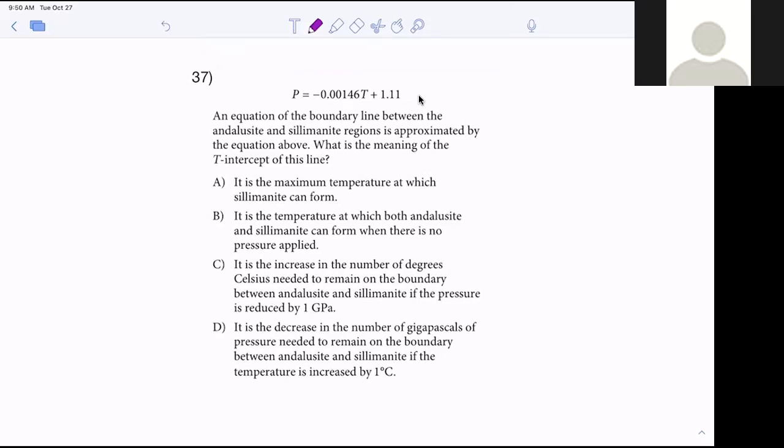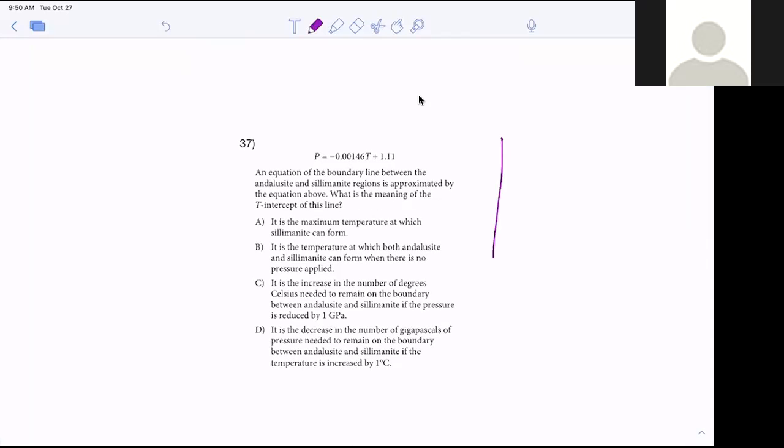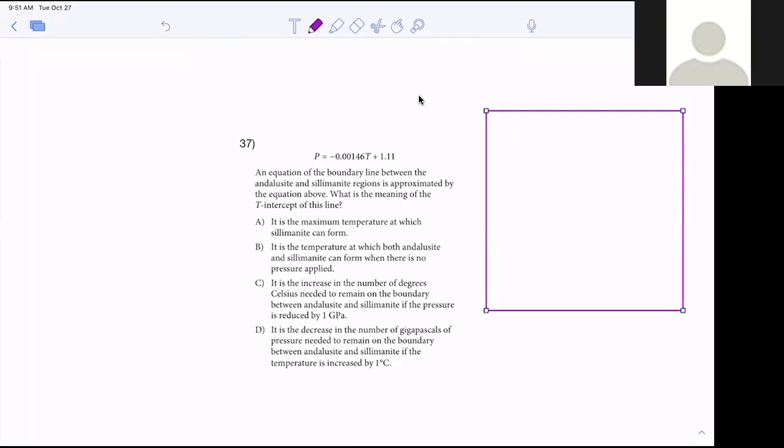What is the meaning of the X-intercept in this equation? Oh, wait a minute, guys. I do remember this problem now. There was a graph here that in my hurry to get this done, I forgot to show you.